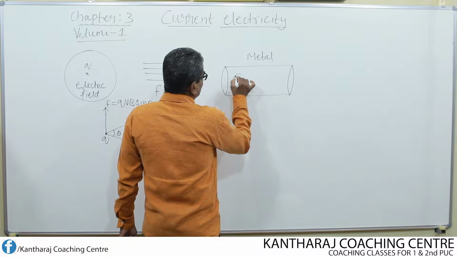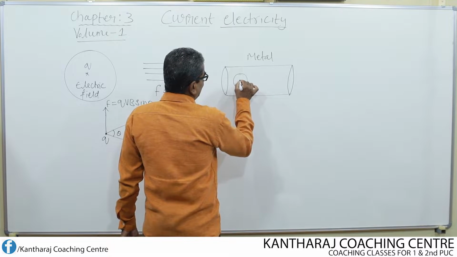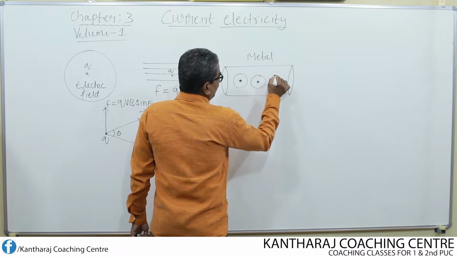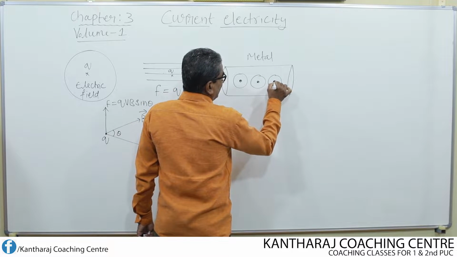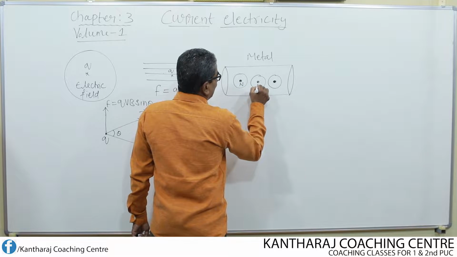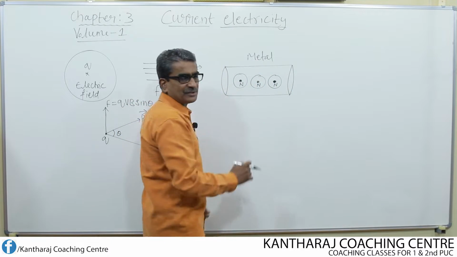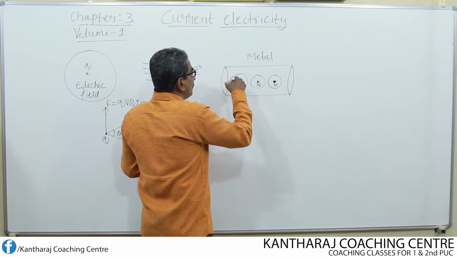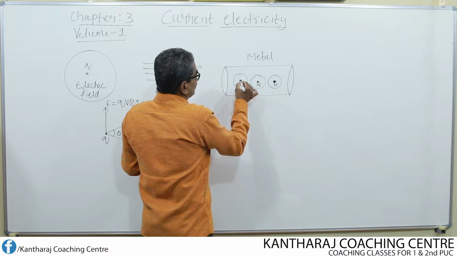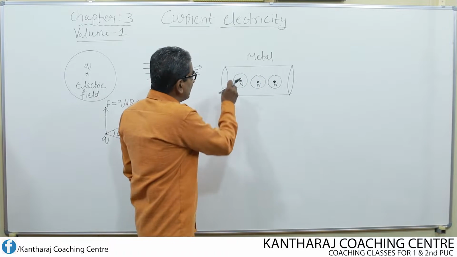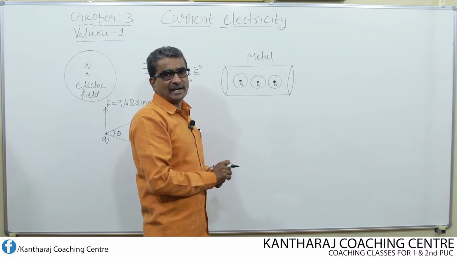Suppose this is the atom and this is the nucleus. Plenty of free electrons are available, and also in metals, atoms are closely spaced. The outermost orbit electrons are not attached to any one parent atom.